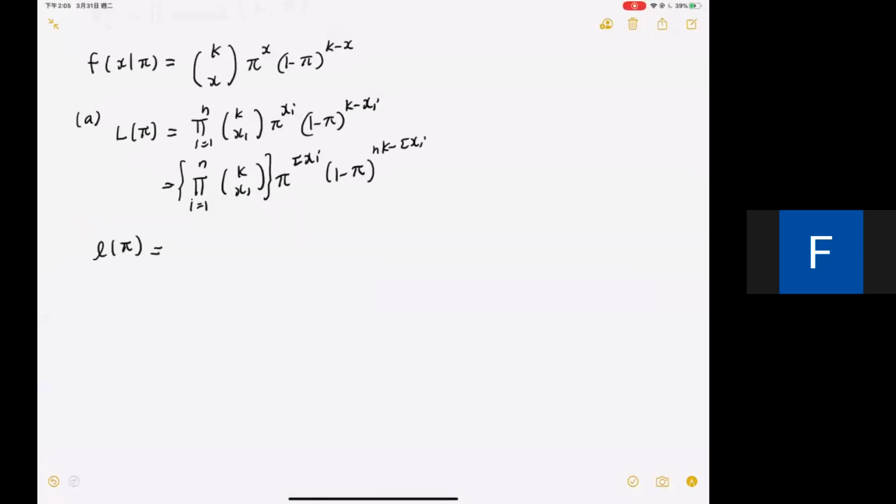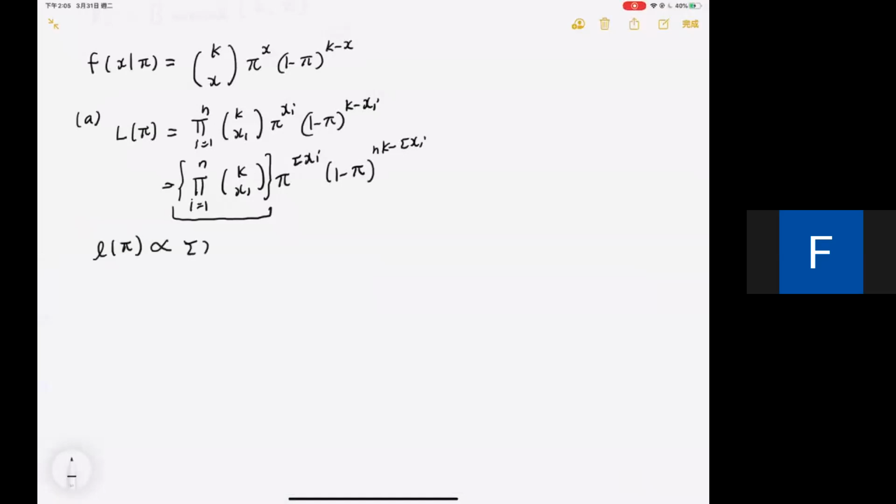Then again I want to jump a little bit. I will check the chat regularly to make sure that I did not miss a connection. I'm going to jump directly to proportional to, because I do know this term doesn't have anything about pi, so I don't even bother to write that term.